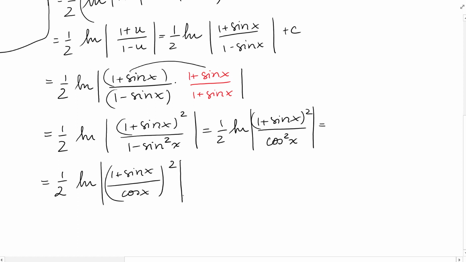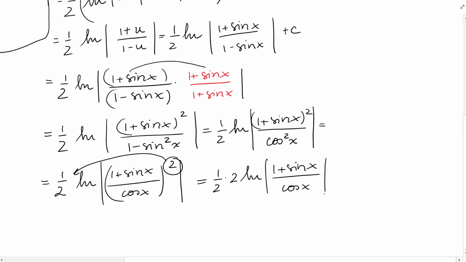I'm going to continue writing the absolute value. I'm not writing the c anymore; I can write it only at the very end. I know a property that logs have: when we have ln of an expression to a power, the power comes in front. So it's 1/2 times 2 ln of absolute value of 1 plus sine of x over cosine of x. The 2 and 2 cancel.